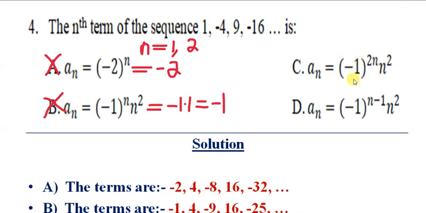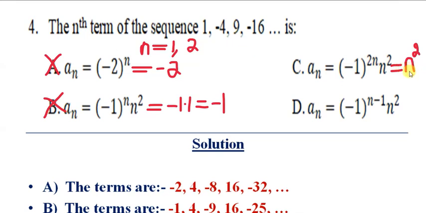Observe here, -1 to the power of 2n is always +1, and therefore this sequence is equal to n squared itself. Try substituting n by these numbers. Since n is a natural number, check for n equal to 1, n equal to 2, and n equal to 3, and so on.